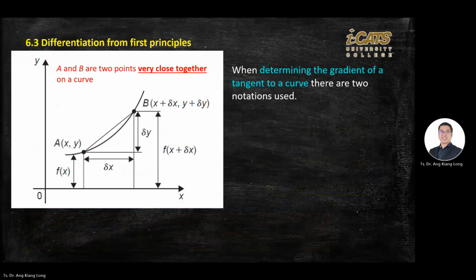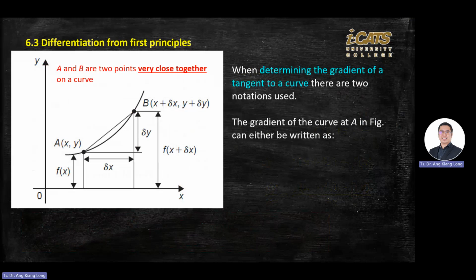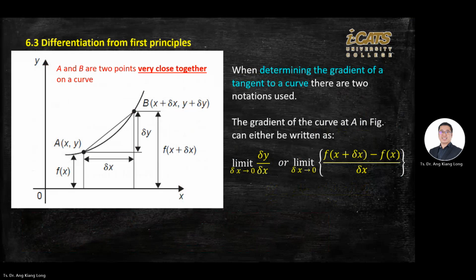Okay. So if the question asks you to find the gradient of a tangent on a curve, there are two notations, right? One is this long term. This is on the graph that has very small changes, especially when you learn in your third year, fourth year aerodynamic classes.